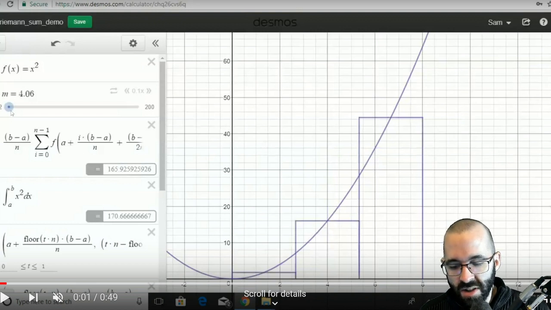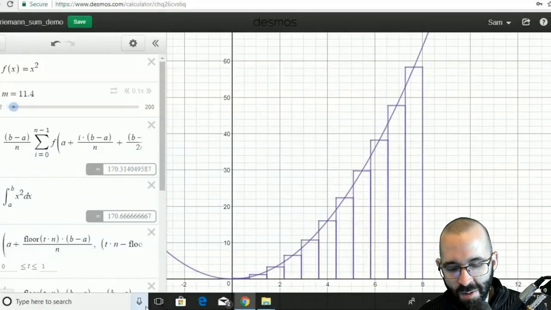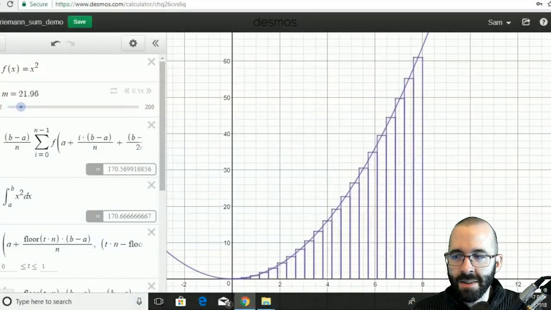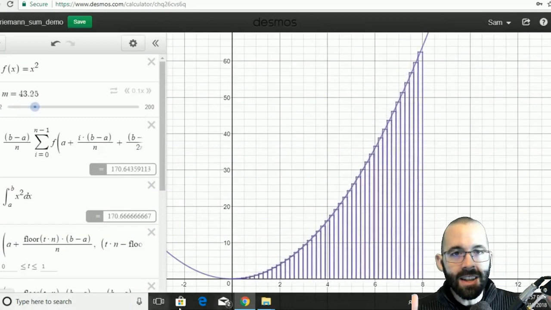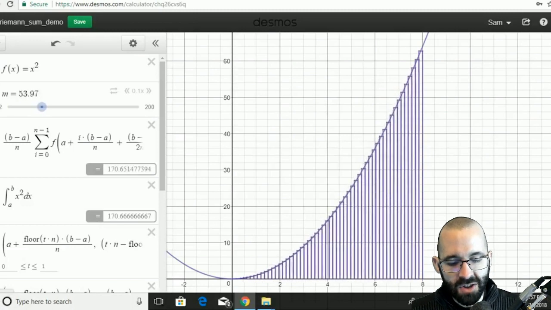All right, and watch. As I play the video, the number of rectangles is going to increase. The approximation is going to get closer to the real value, and you're going to see the rectangles grow. More and more rectangles. As we add more rectangles, they have to be thinner. As the rectangles get thinner, the approximations get better.